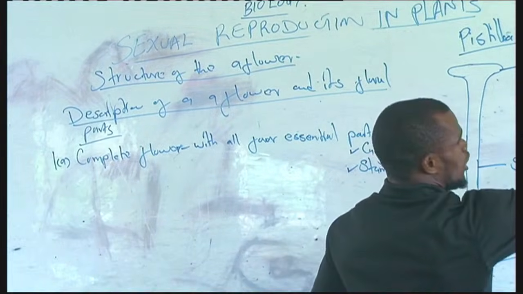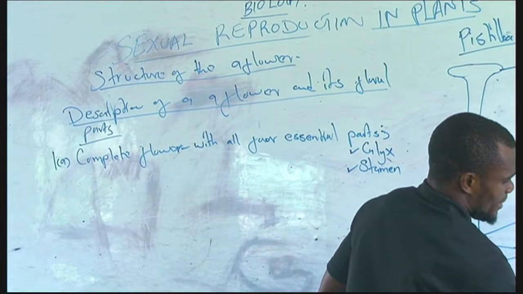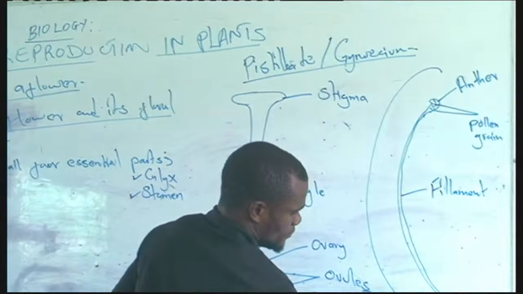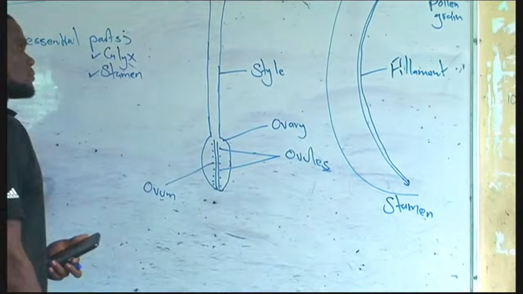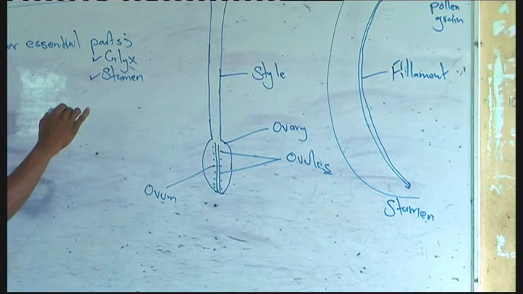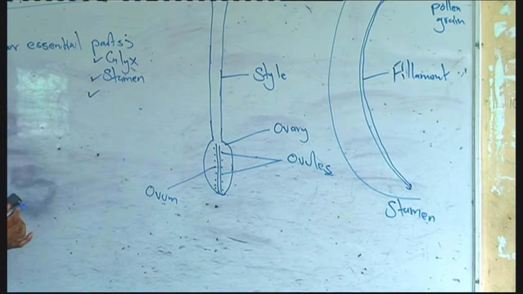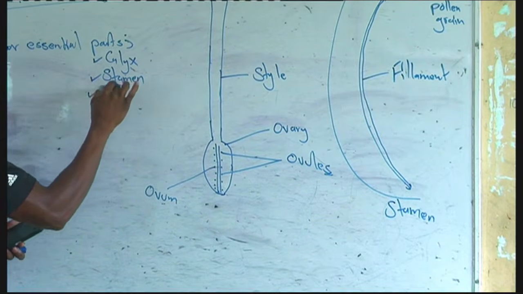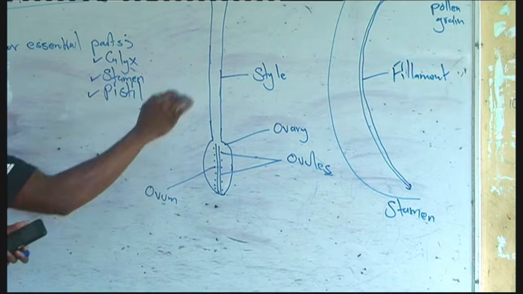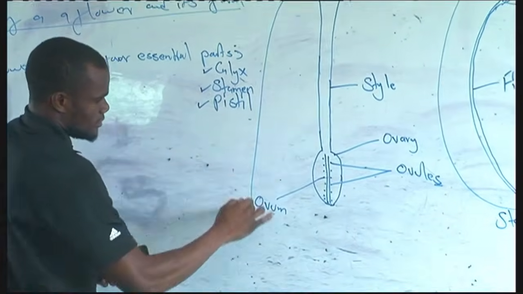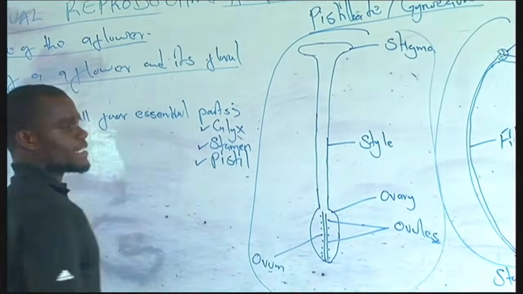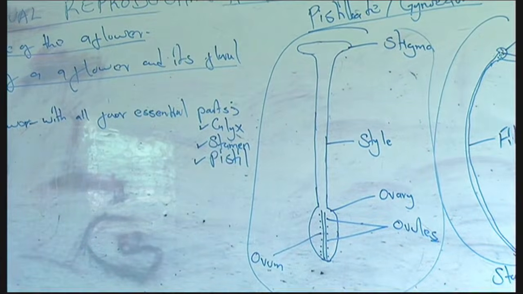Like all this is the stamen. And then another essential part, which you can guess, is the pistil. And all this makes a pistil.